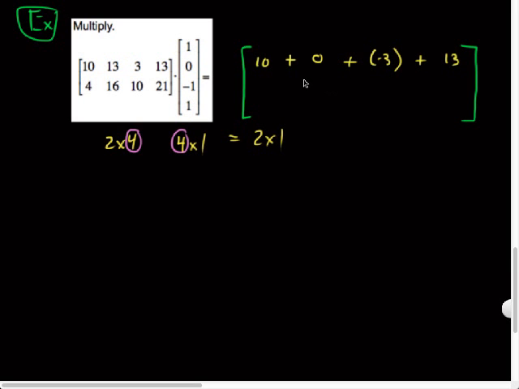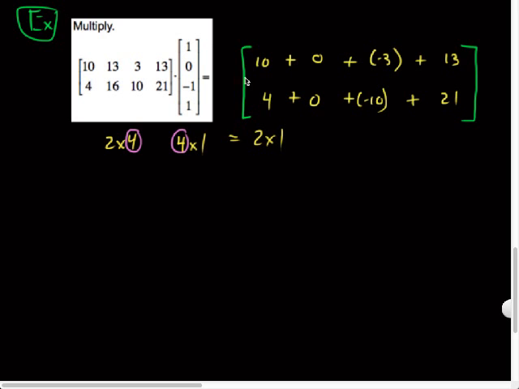Right? So let's try second row, first column, which is going to give me the second row, first column answer. So let's see, 4 times 1 is 4, 16 times 0 is 0, 10 times negative 1 is negative 10, or minus 10 if I wanted to write it that way, and 21 times 1 is plus 21.